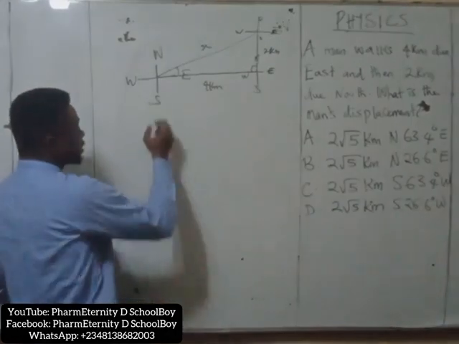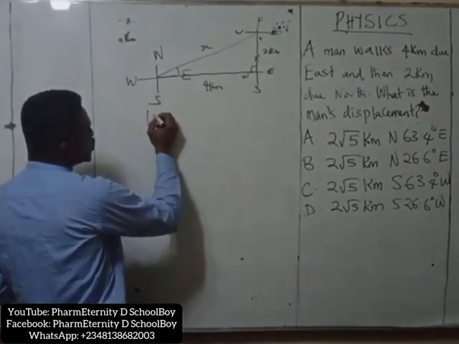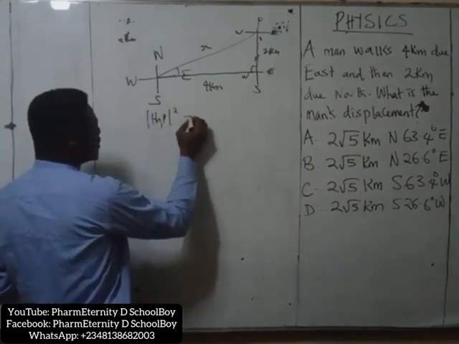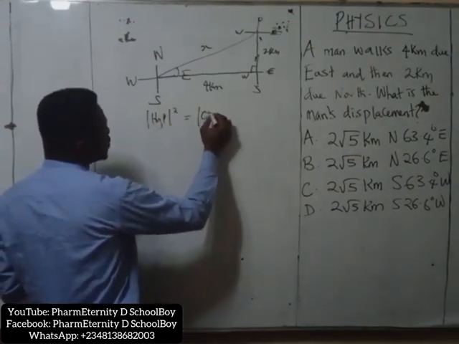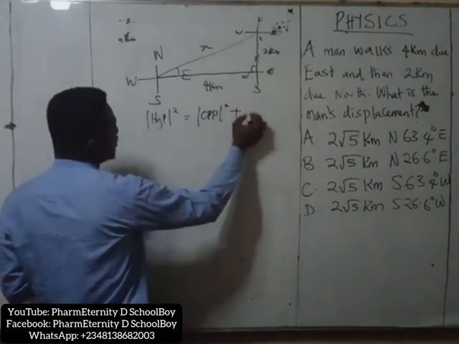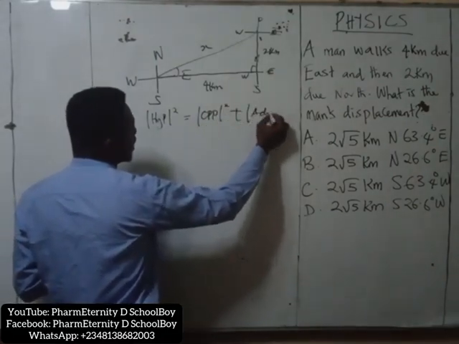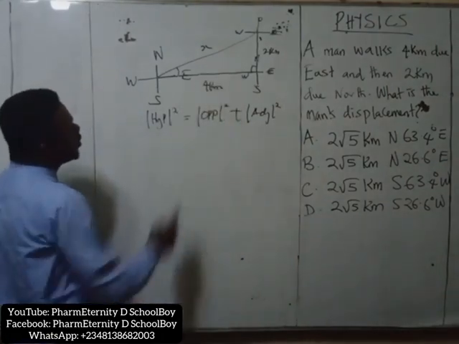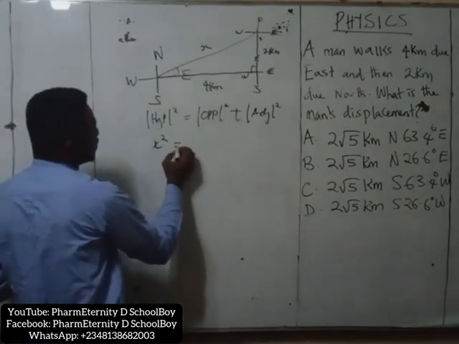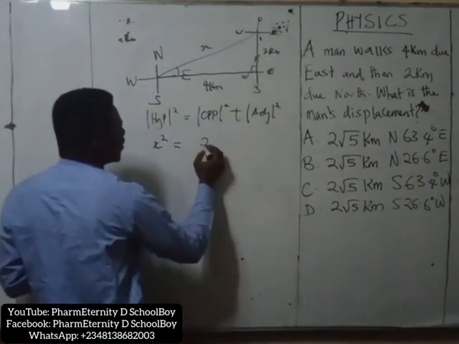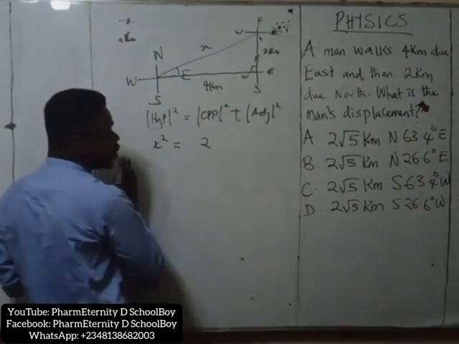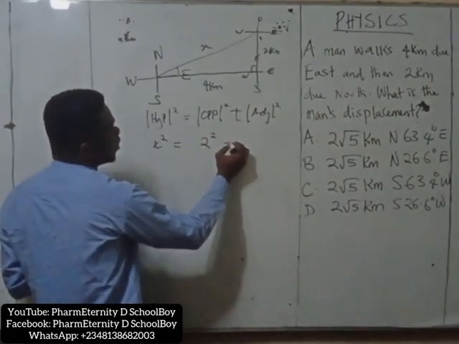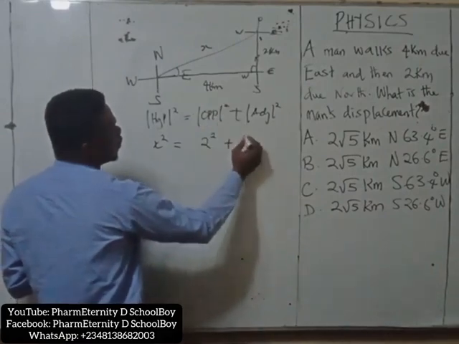Pythagoras theorem says that the square of the hypotenuse is equal to the square of the opposite plus the square of the adjacent. From this diagram, the hypotenuse is x, so x squared is equal to, opposite is 2 kilometers. Let me keep the kilometer aside and work with the figures alone for now. This is 2 squared plus 4 squared.